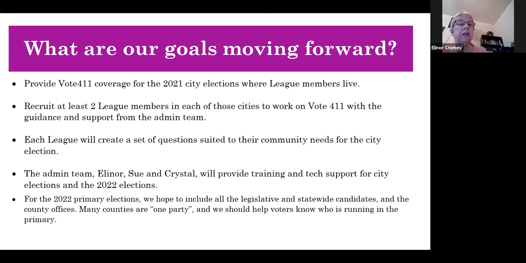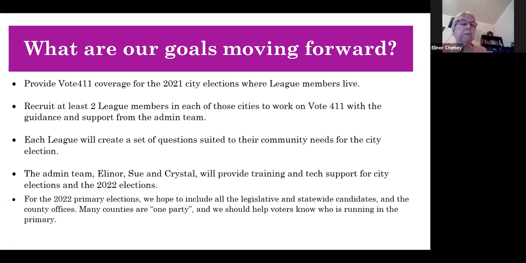And then the National League decided that they were not going to work directly with newspapers anymore, and the Statesman's newspaper group decided to develop their own software like Vote 411. So then we went to the Idaho Press for the 2020 elections and worked with them. And they put the Southwest Idaho candidates on their website and printed them.